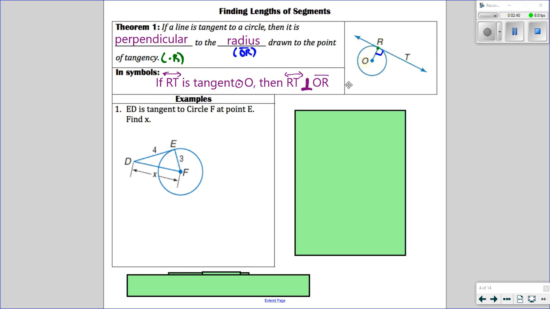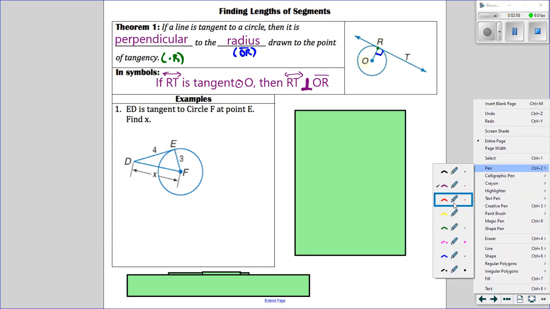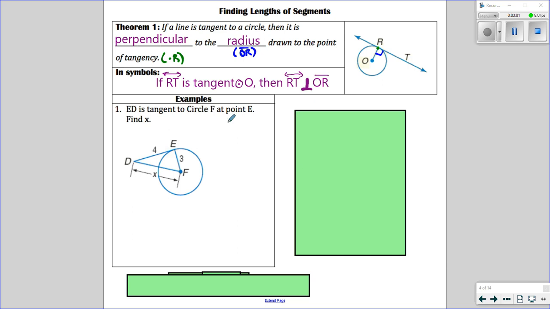So again, you see a radius and you see a tangent line intersecting with that radius in the circle, and it's always perpendicular. So for our first example, we have ED is tangent to circle F at point E. So point E is our point of tangency.